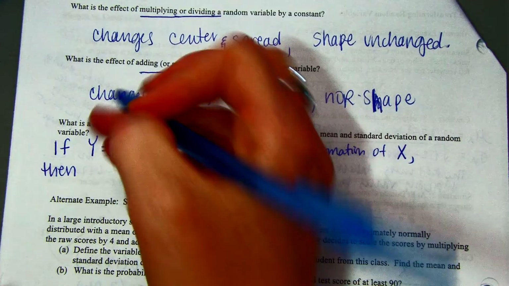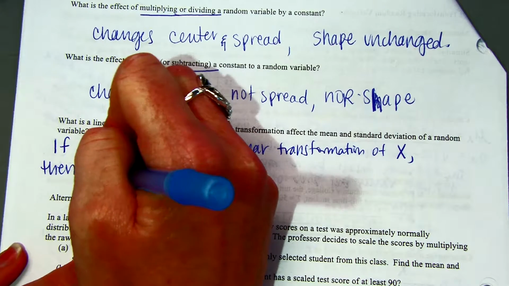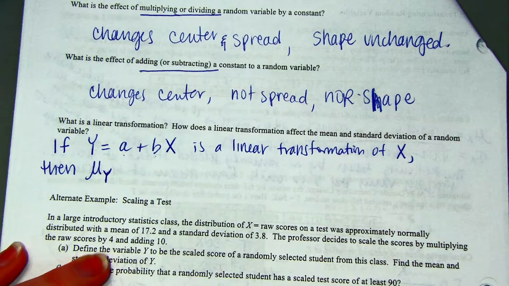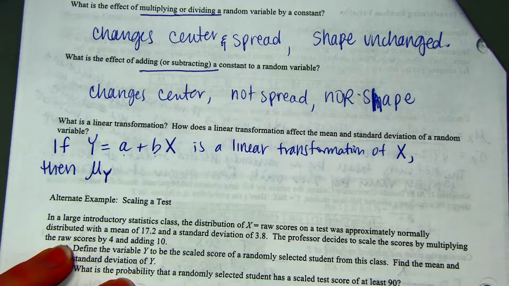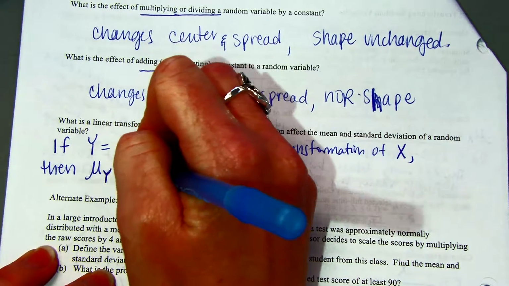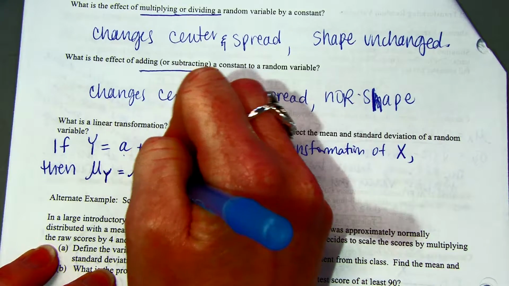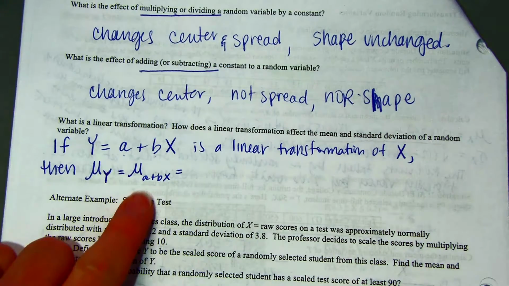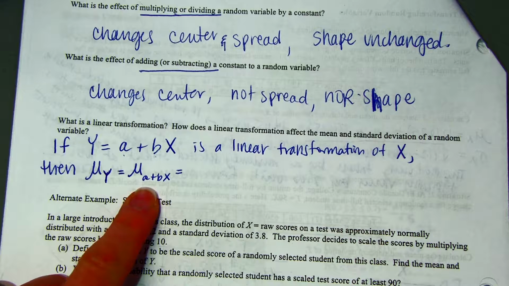I can compute the mean of y. I can do it algebraically. I can write mu sub a plus bx. And then I have to ask myself, does adding something to the mean change the value of the mean? Yes.